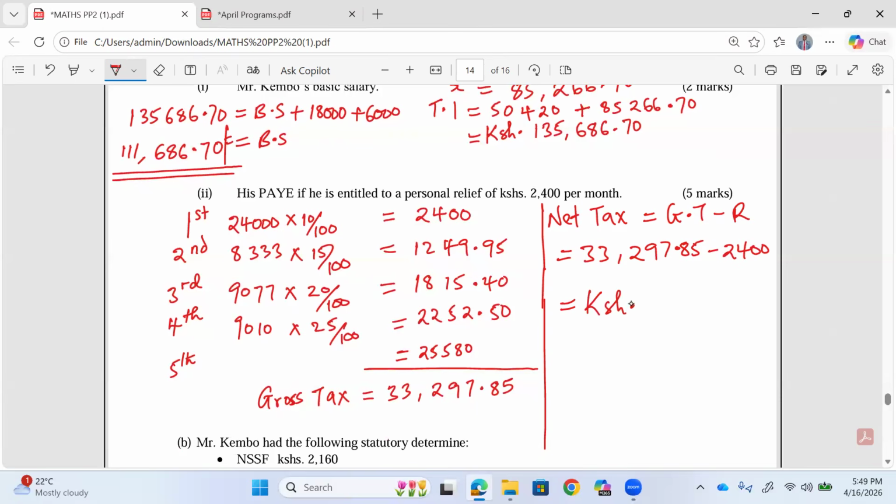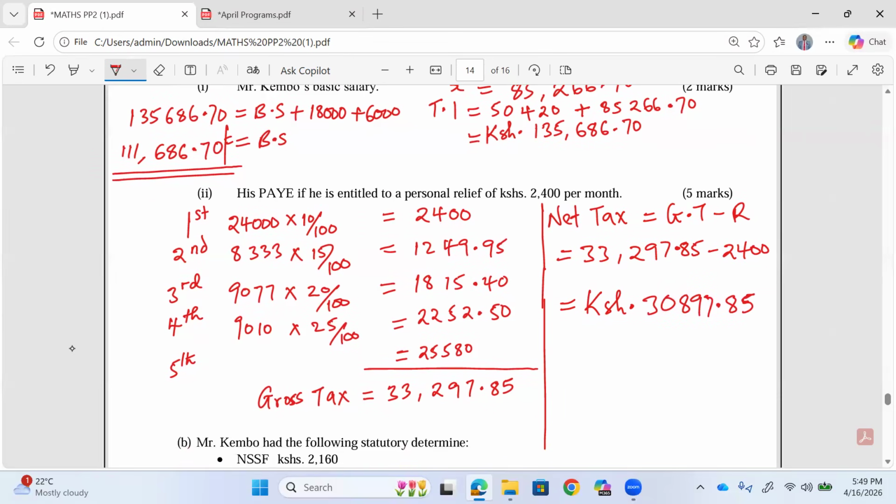So when we subtract 2400, we shall get 30,897.85. So that is now the net tax that is paid by Mr.